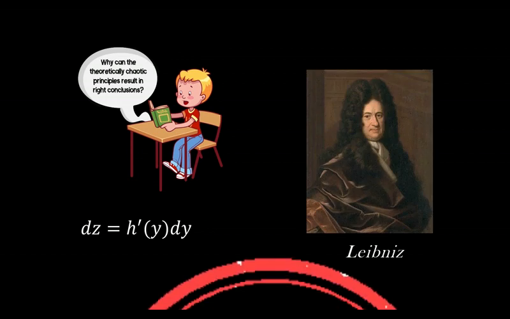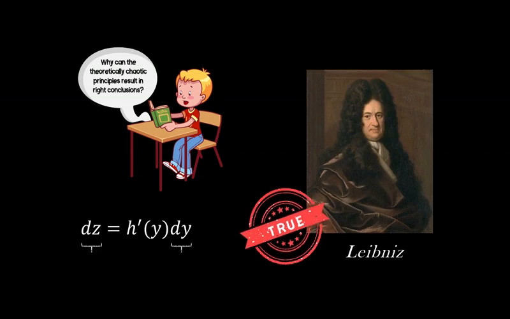Why can the theoretically chaotic principles result in right conclusions? This is because the form of dz equals h prime(y) dy is right in the sense of Leibniz's system, where dy, dz and the corresponding principles and the definition of the differential are different from those in the current calculus system.